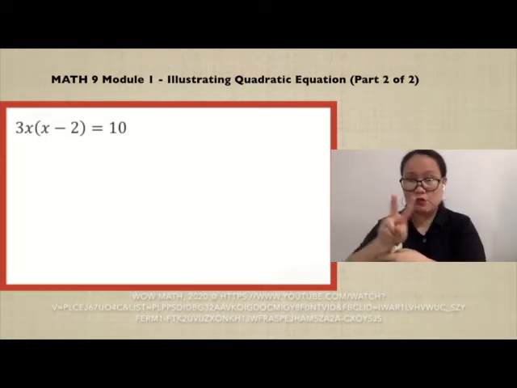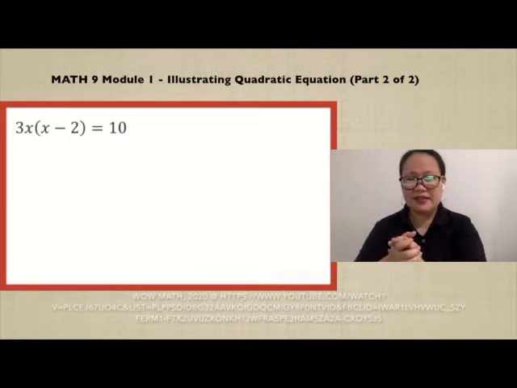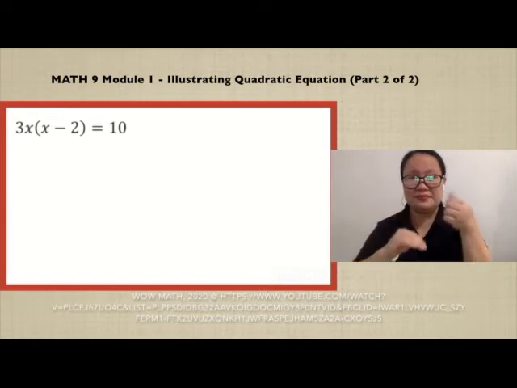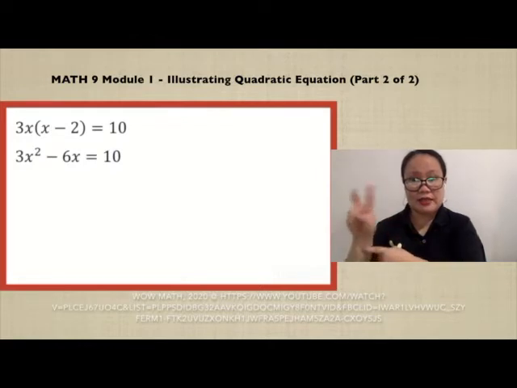Next. So ito, kakaibang example. So let's have a twist. So I have here 3x multiplied by the quantity of x minus 2 is equal to 10. So we will have 3x squared.